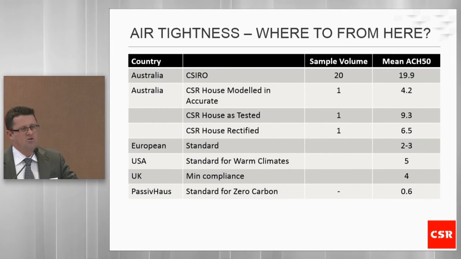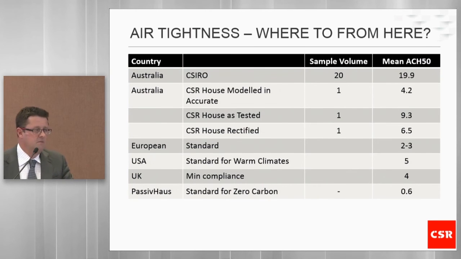And then we have the European standards of between 0.6 and 5. These are very high standards, and with probably some substantial changes in the way we build buildings, that would mean we'd have to make a significant improvement on the way we build currently.